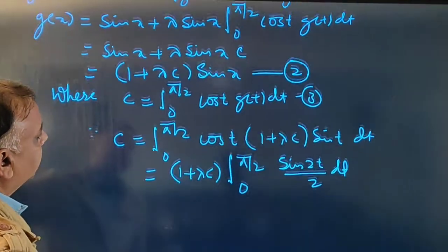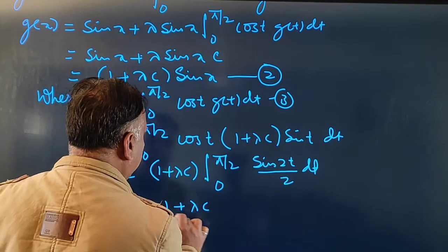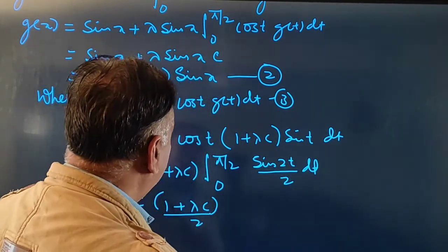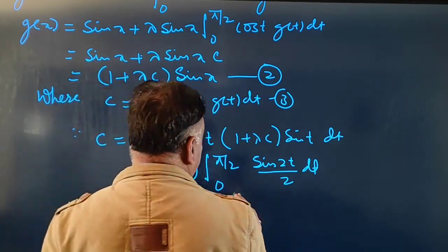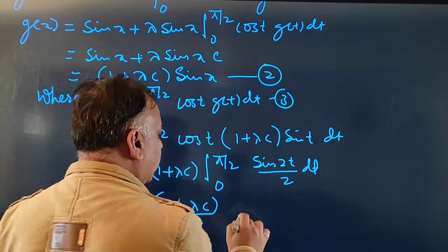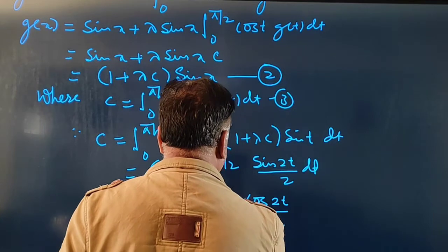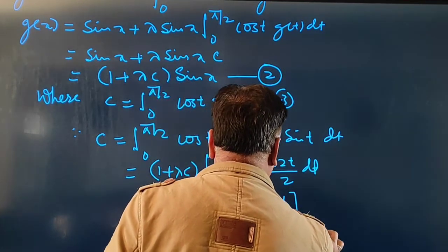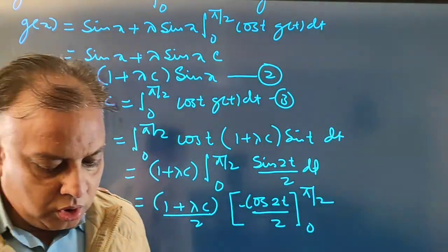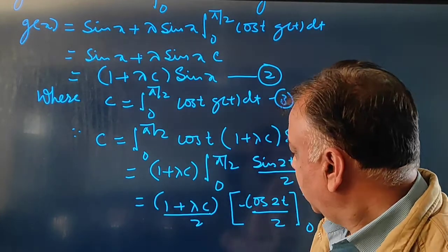Or we can write it as (1 plus lambda c) divided by 2. The integration of sin 2t is minus cos 2t upon 2, and the limits are from 0 to pi by 2.